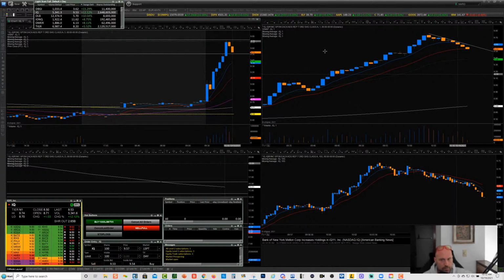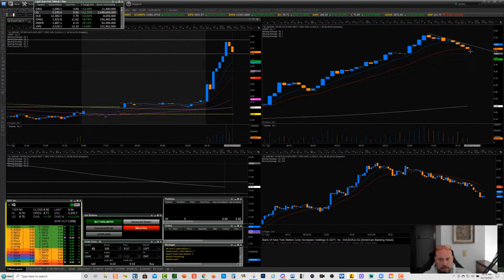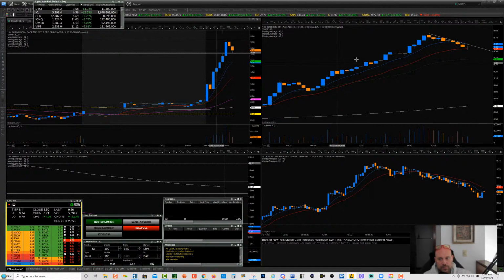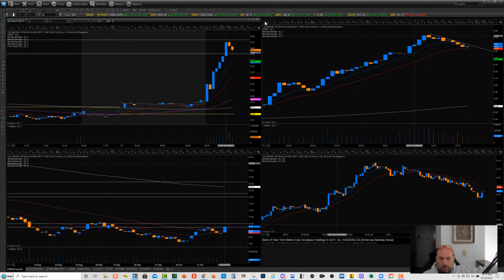So when you get a lower float, if you're looking to buy something out here, you've got to be extra, extra careful because if it rips, dumps on you, it can really dump hard. Whereas something like IQ being a higher float stock, I still don't like the pattern now. I want to see it hold and bounce, but I might look to get something down on this because it is a higher float that I might risk if you have a hold right down here of possible support.